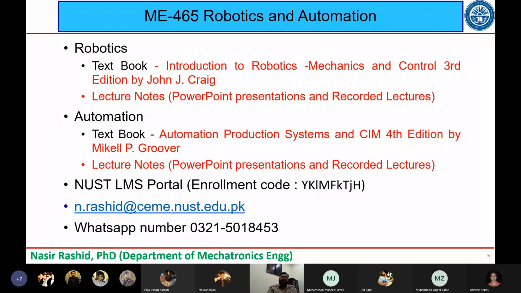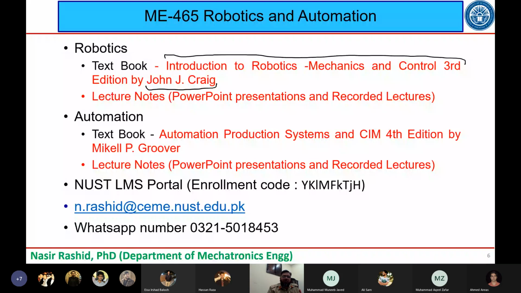As far as our textbooks are concerned, for robotics we are going to follow a textbook named Introduction to Robotics, Mechanics and Control, the 3rd edition by John J. Craig. This is a very famous book which is used as a textbook in the whole world.